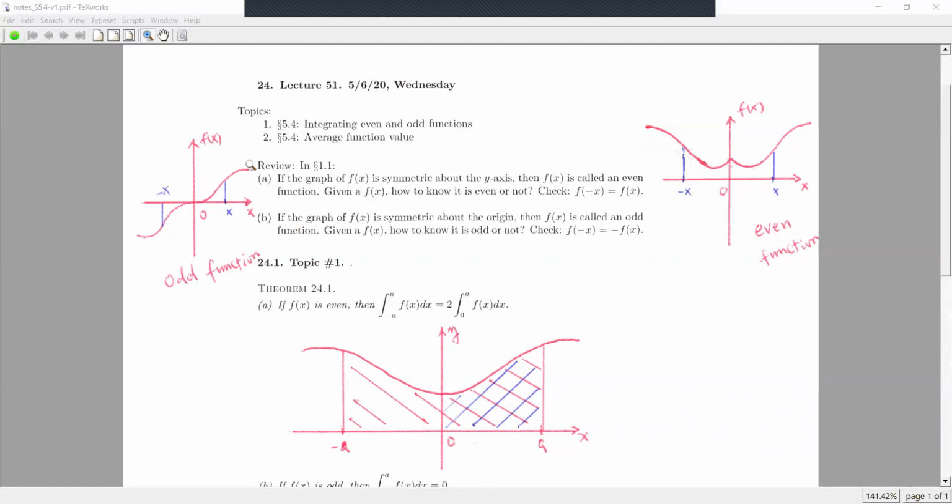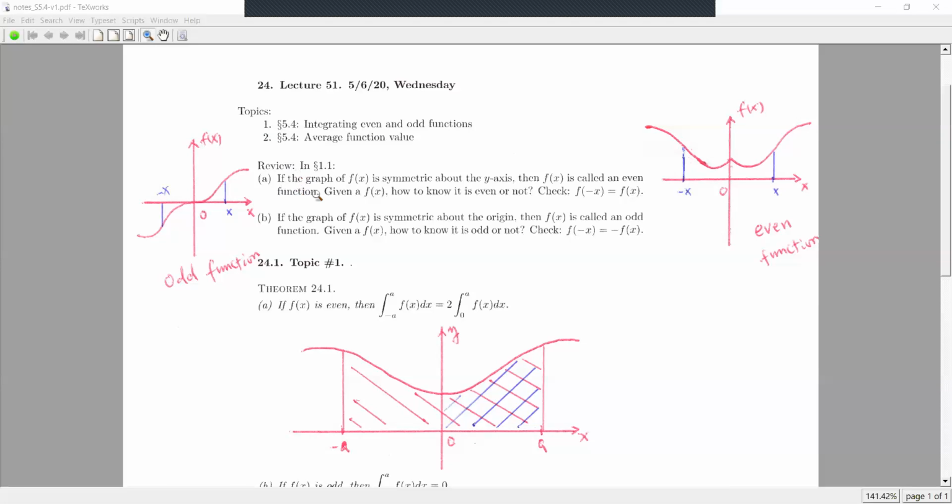If a curve is symmetric about the origin, then the curve should have the same height at these 2 points. But the heights at these 2 points have different directions. Say at x, suppose the height is in the positive direction, then at negative x, the height should be in the negative direction.